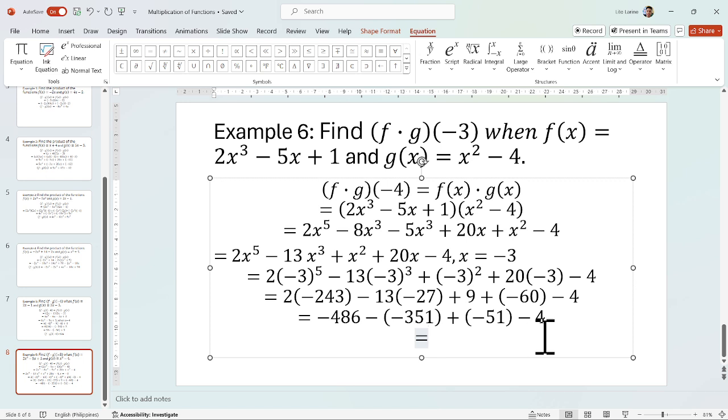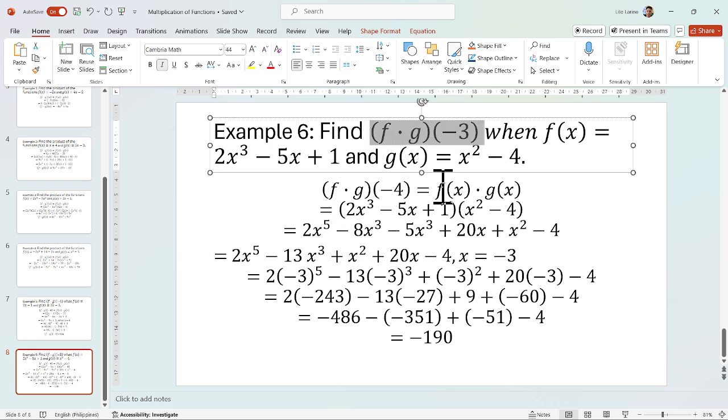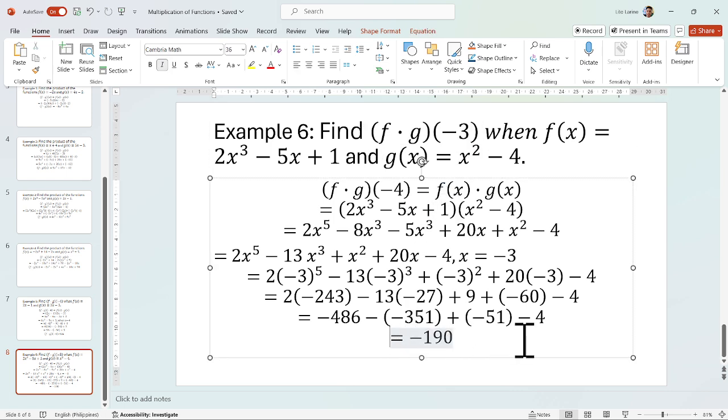Then plus negative 51, minus 4, that is equal to negative 190. Thus, f times g of negative 3 is equal to negative 190.